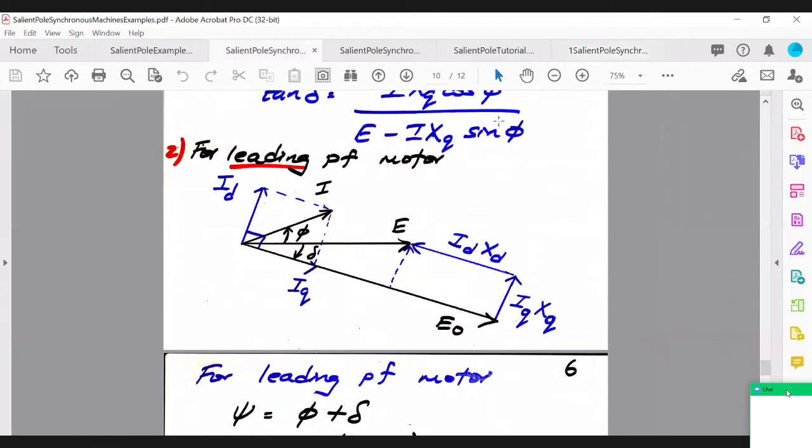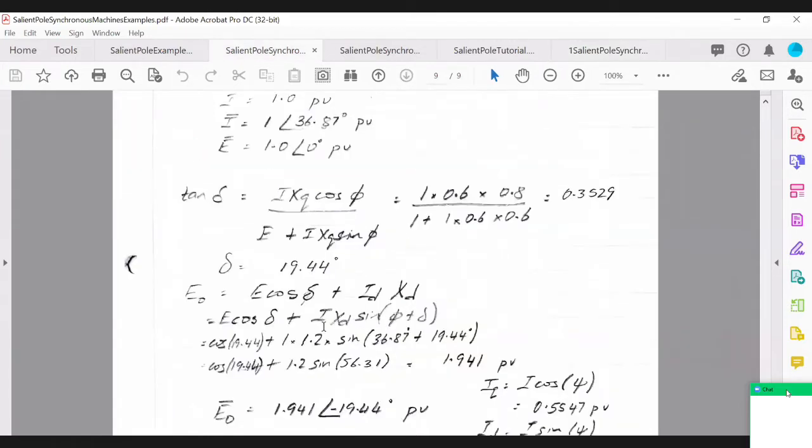And then basically we end up with all the different parameters that we have worked out so far. So we know what is E, the terminal voltage, we know what is delta, we know what's I, xt, and then phi plus delta, we can work that out. So we can substitute here and work out the value of E naught.